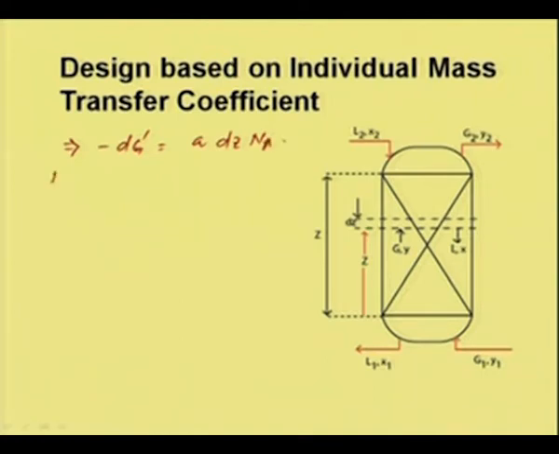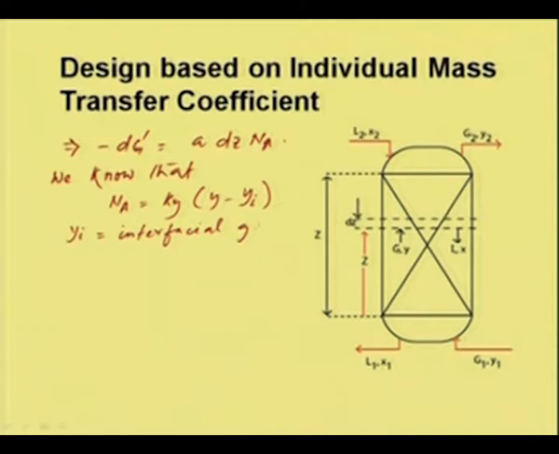Now, we know that Na is equal to Ky into y minus yi, where yi is the interfacial gas phase solute concentration.